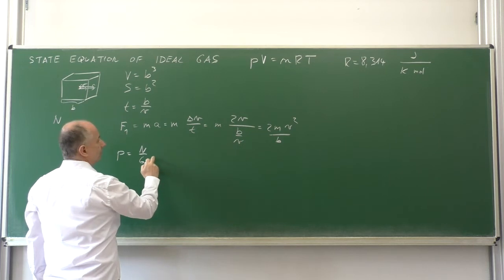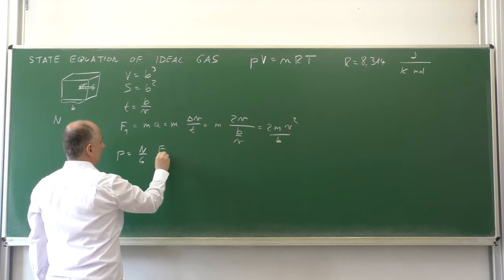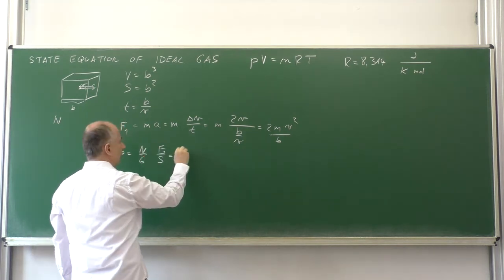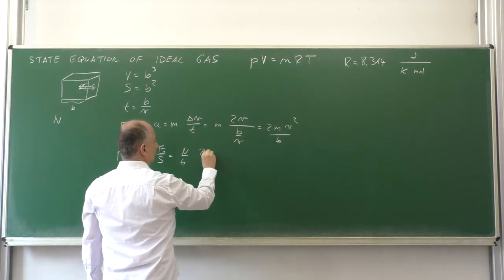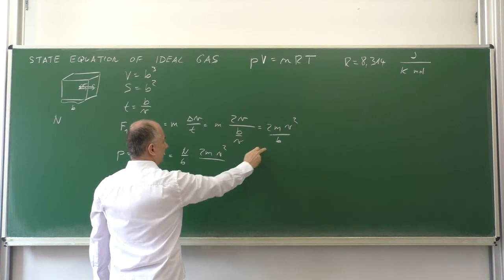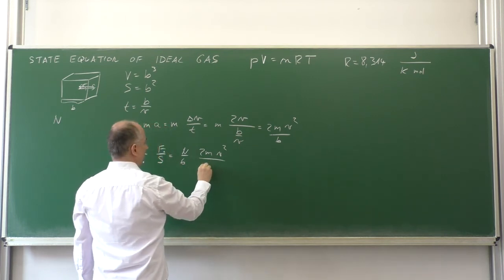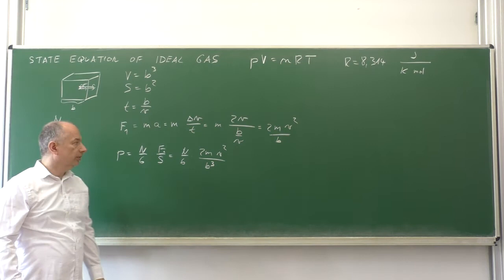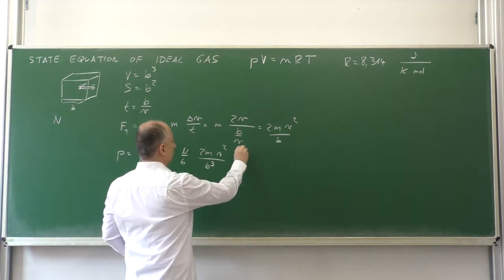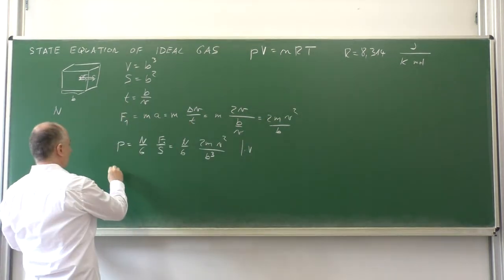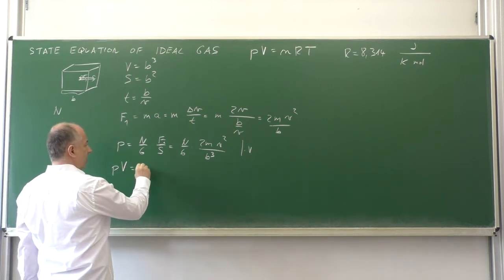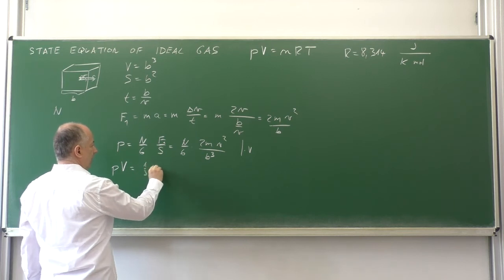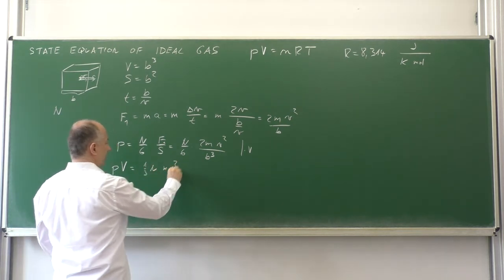And the force of one molecule divided by the area of the side, which is F1, is 2mv squared divided by b, divided by b squared, meaning divided by b cubed. But b cubed is volume, and if we multiply by the volume, we have that P times V is 1/3 N mv squared.